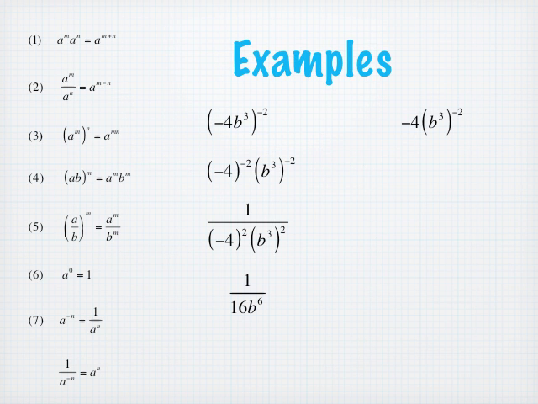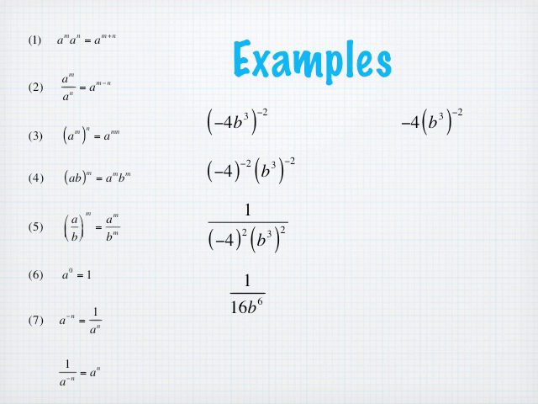Now look at this next one. It's a little similar, but there's obviously a difference. What's the difference? The difference is that the negative 4 is outside of the parentheses. What practical difference does that make? Good. That means the exponent of negative 2 no longer has any power over the negative 4. The only thing that it's going to move is the b term.